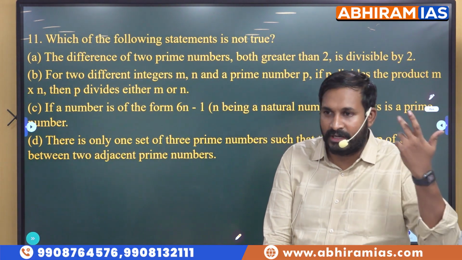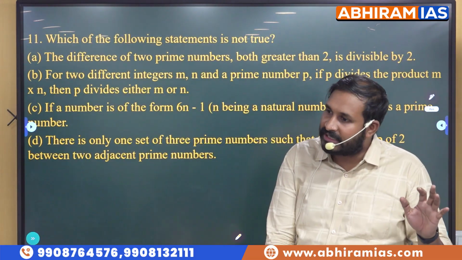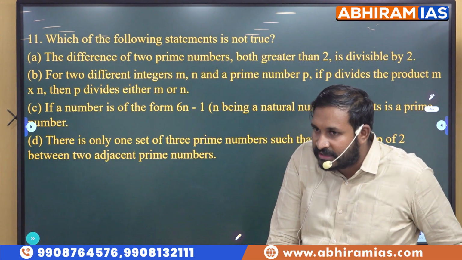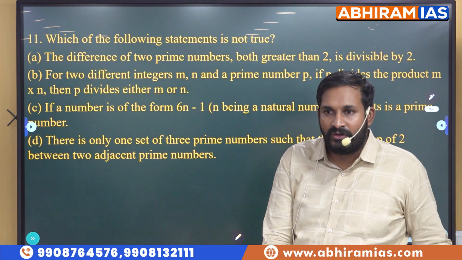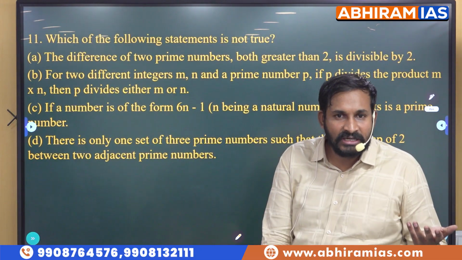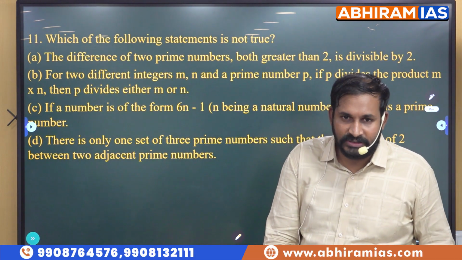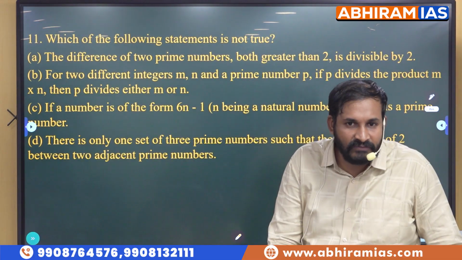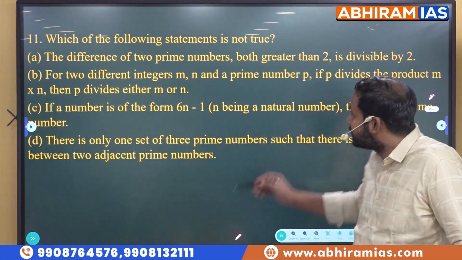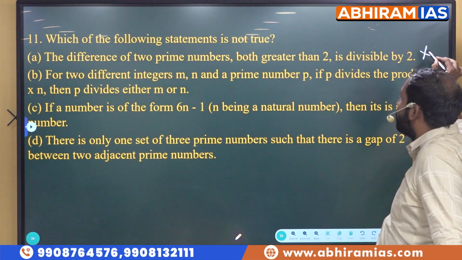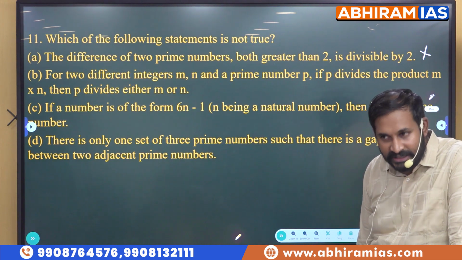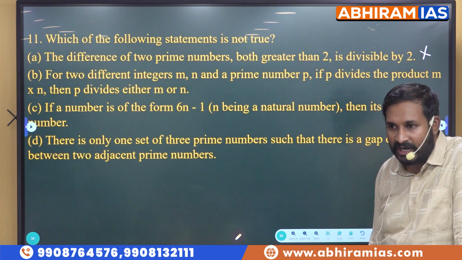Take not only prime numbers, take any two odd numbers, what is the difference? Even number. So apart from 2, all the prime numbers are odd numbers. So the difference between two odd numbers is always divisible by 2. So that is correct, but that is not our answer here.